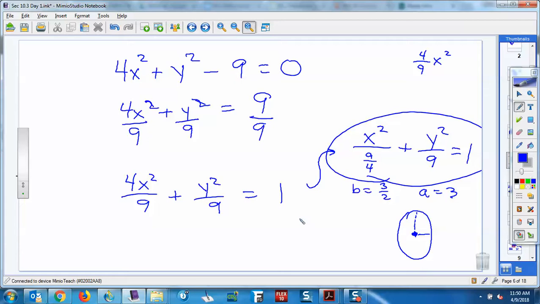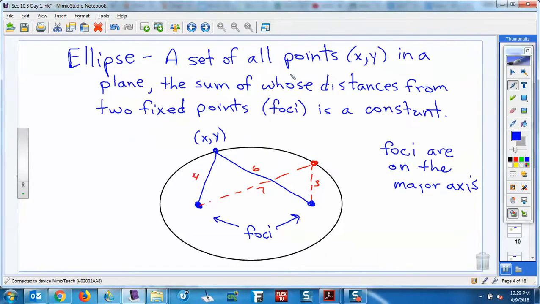Okay, so let's finish up a little bit here with the ellipses. Tomorrow we'll do the quiz before lunch, probably have some work time, maybe some IXL work time after the quiz. And then we'll see if everybody's done with the quiz in plenty of time.